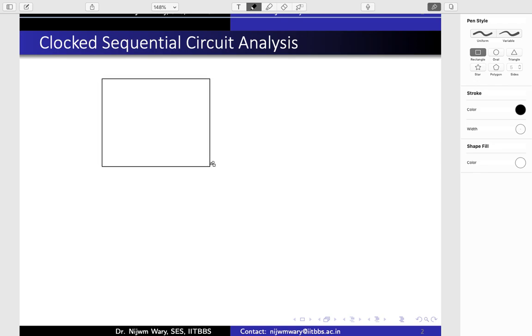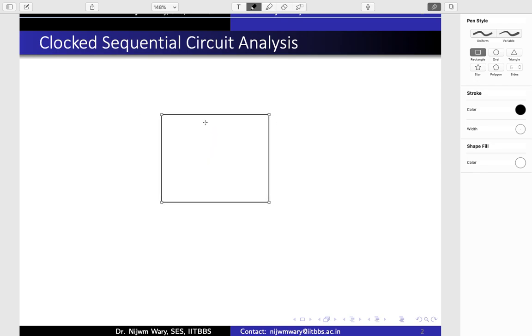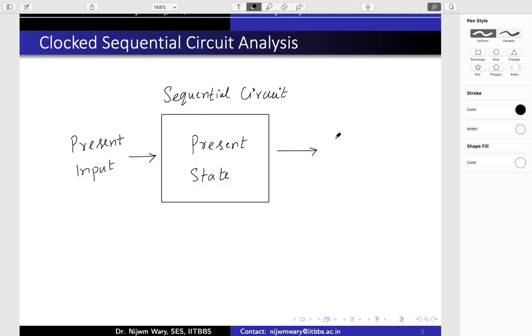So if this is my sequential circuit, I have some states here. Let's call it the present state. The output is dependent on the present input as well as the present state of the sequential circuit.